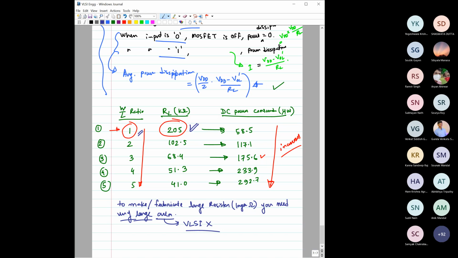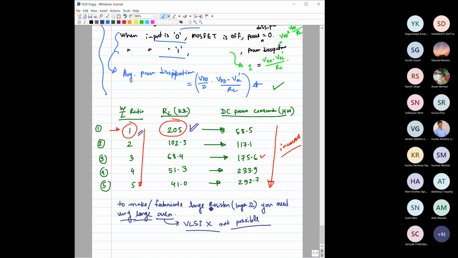How large might this area be? I can give you one numerical example, maybe just after some time, so that you can get an idea of the transistor dimension and, compared to that, what would be the dimension of a resistor if you make one inverter. Fine. So in VLSI, very large area is not possible.